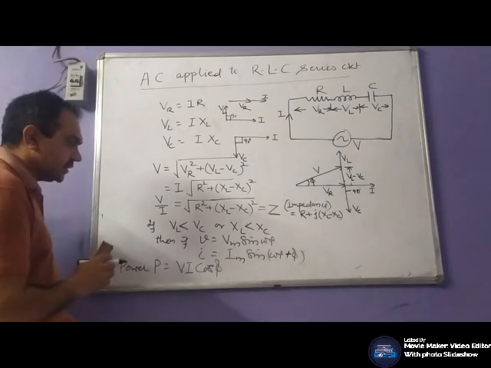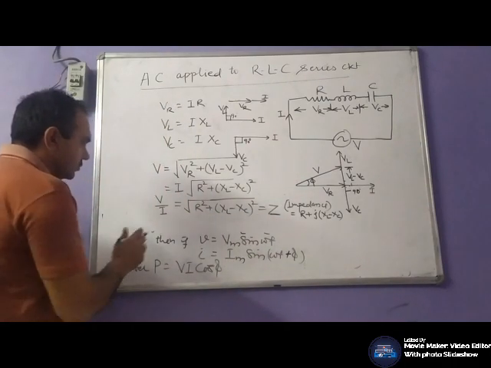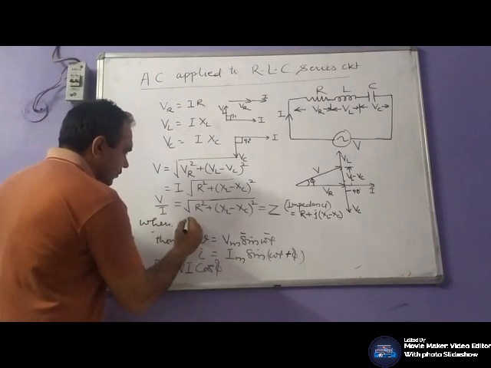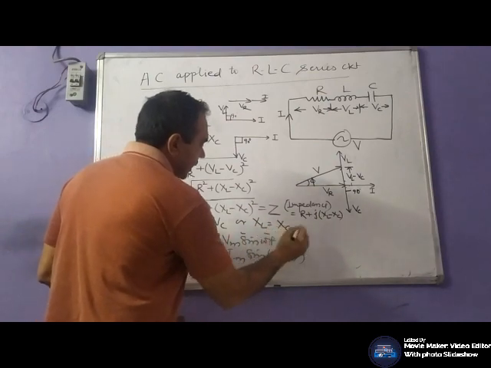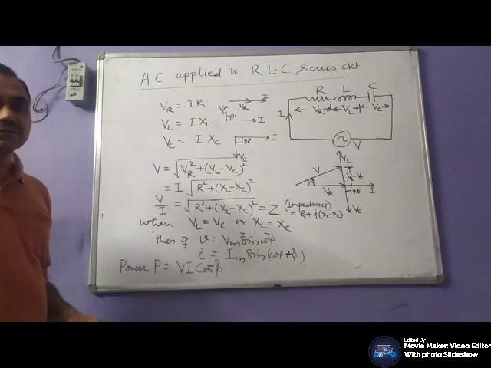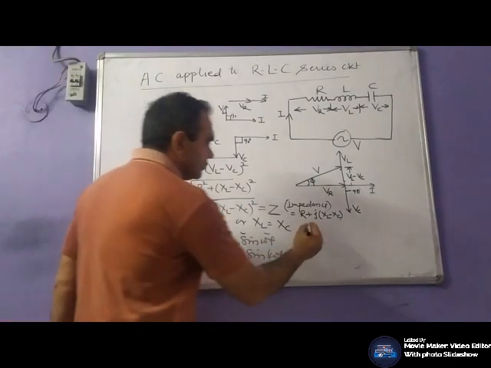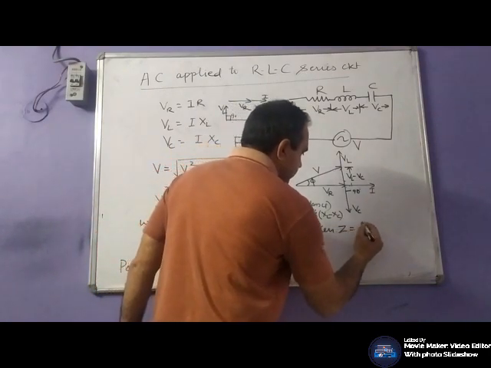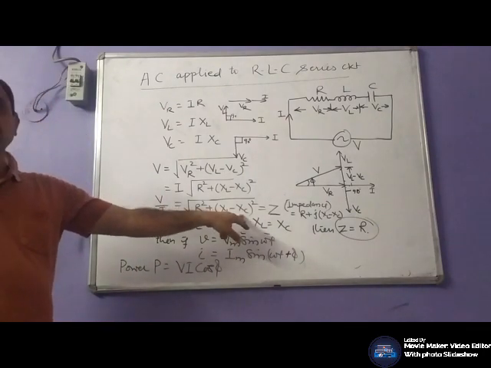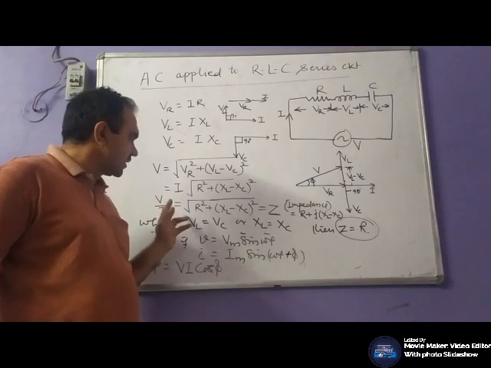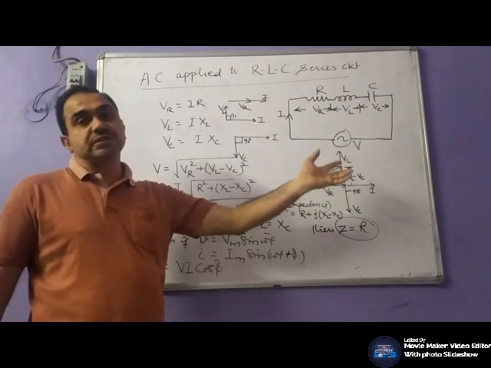Now, third case, when VL would be equal to VC or XL is equal to XC. What will be the impedance of the circuit? Impedance of the circuit would become equal to R, because your XL minus XC would be equal to 0. Hence your circuit will behave like a pure resistive circuit.